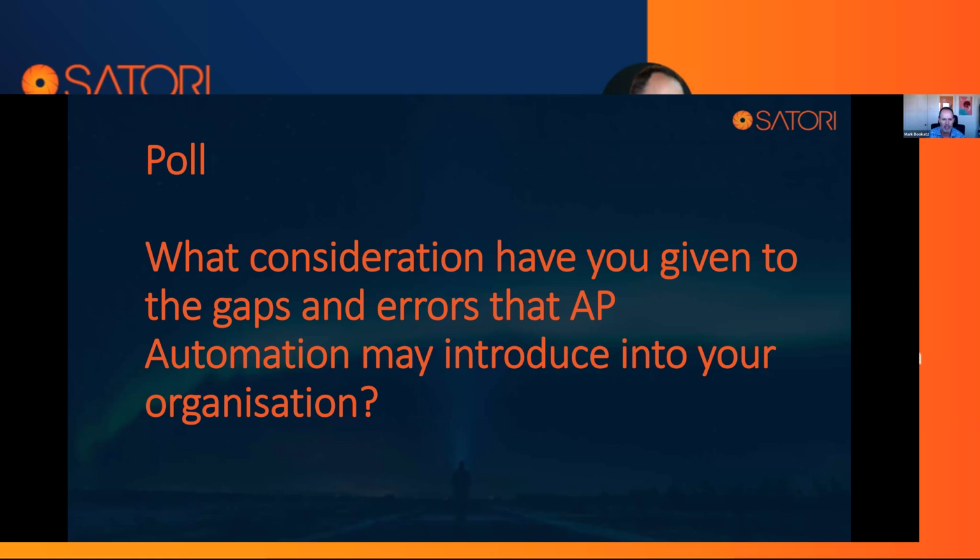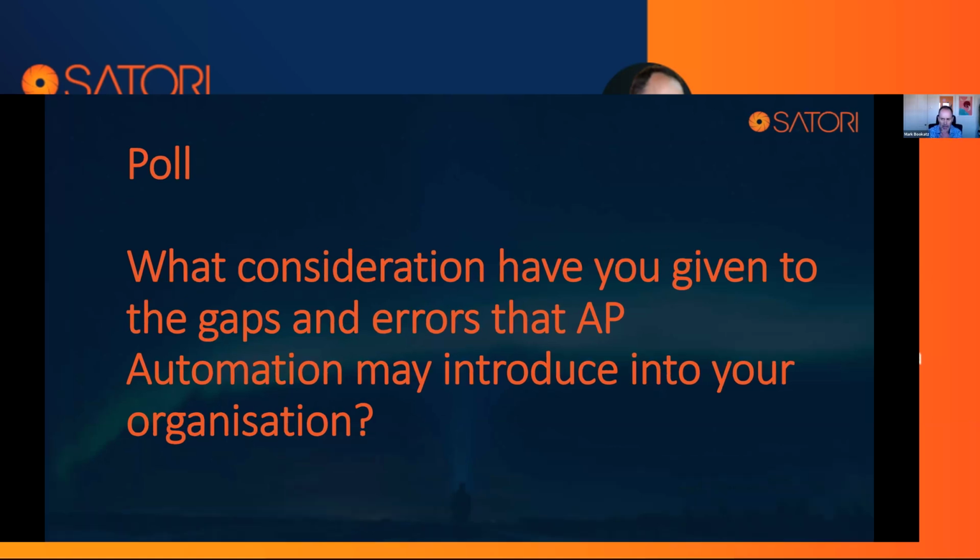I'm going to launch the next and final poll, and what we are interested in understanding, especially on the back of what Natalia was talking about, is that clearly with any level of automation there will still be some gaps and some errors, and we're interested in whether this is something you've considered in your organization.